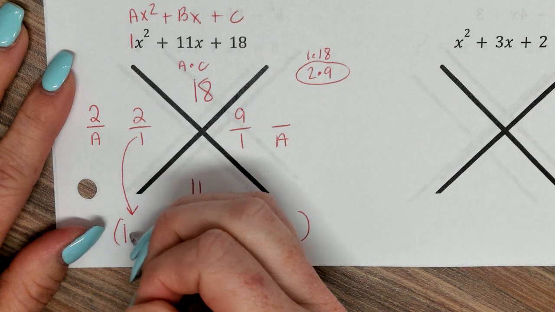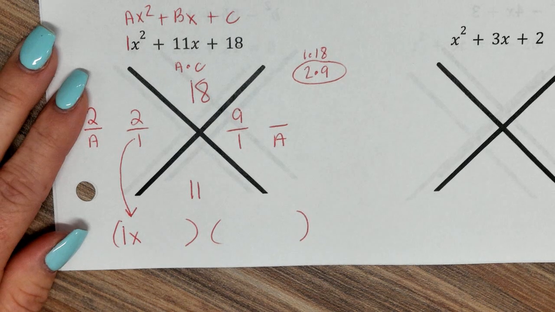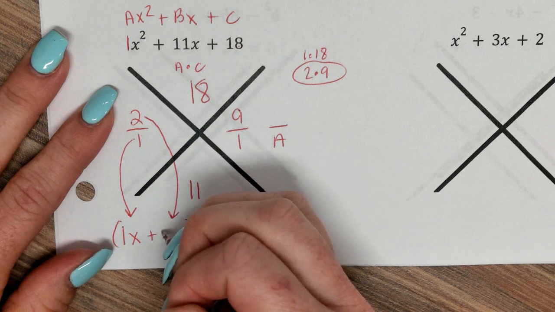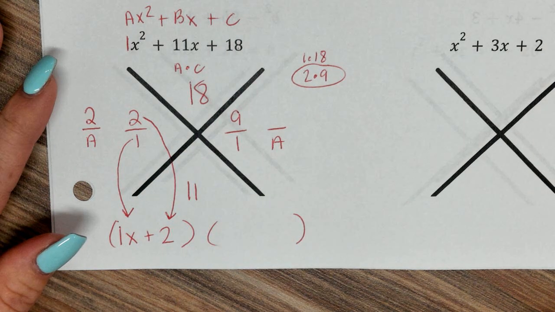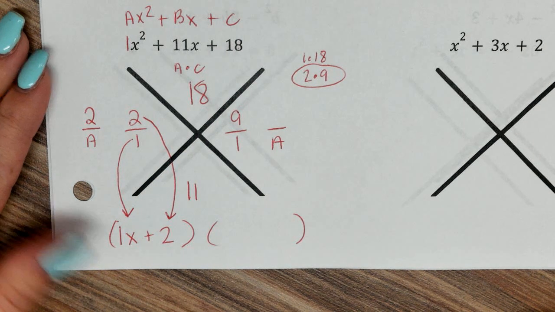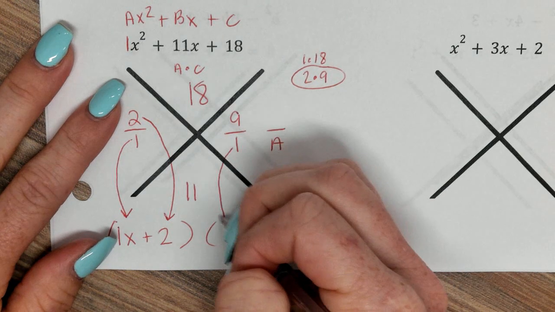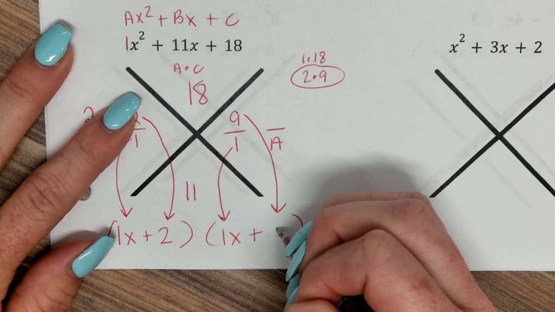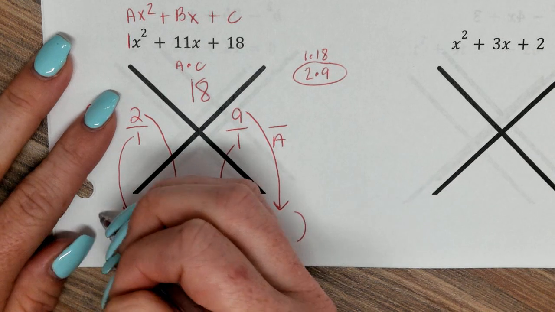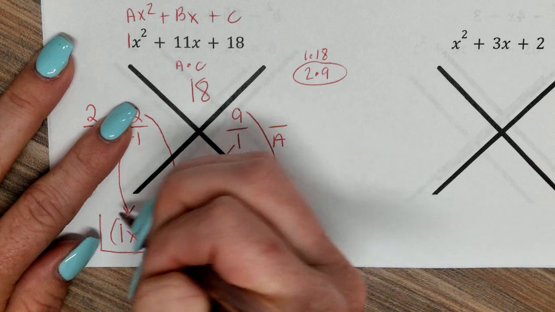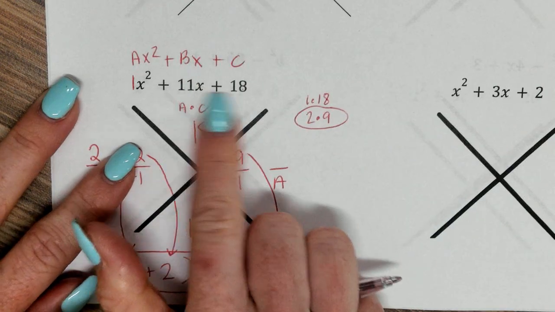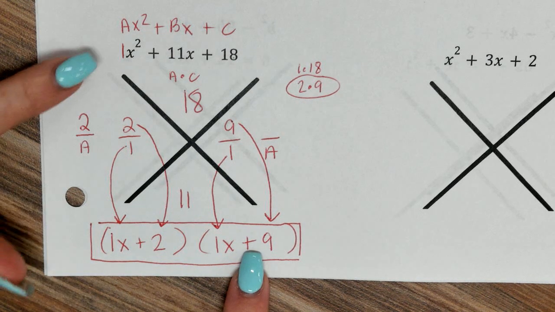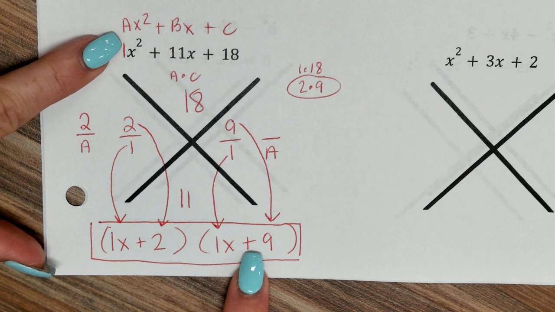So that's going to be 1x plus, and then the top number goes last, 2. Okay, bottoms up, 1x plus, the top number goes last, 9. And this is the factored form of this problem. So if I did FOIL on this, I'm going to get this.